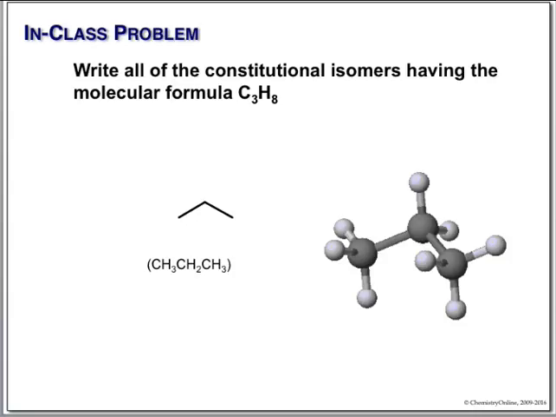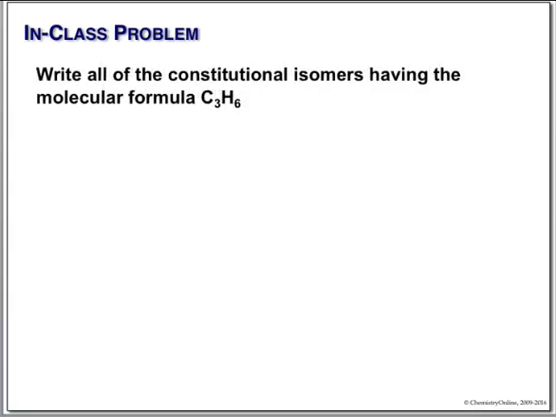All right, what if I said instead to do C3H6? 3 carbons, only 6 hydrogens. Now remember, carbon can form double and triple bonds, and also form rings. 3 carbons, 6 hydrogens.